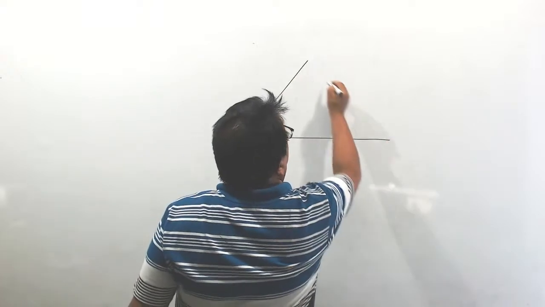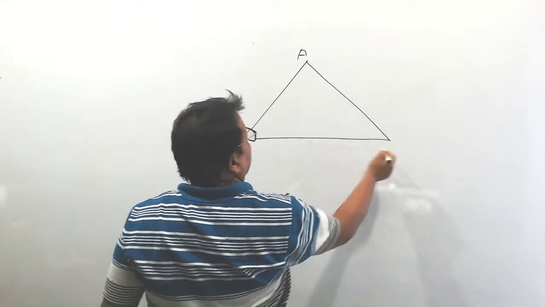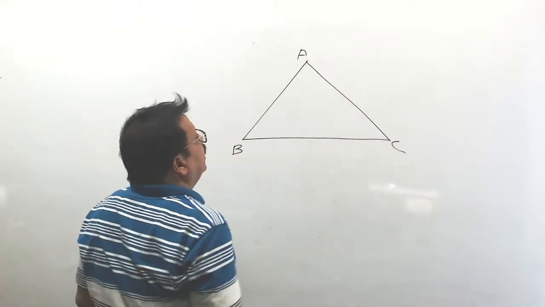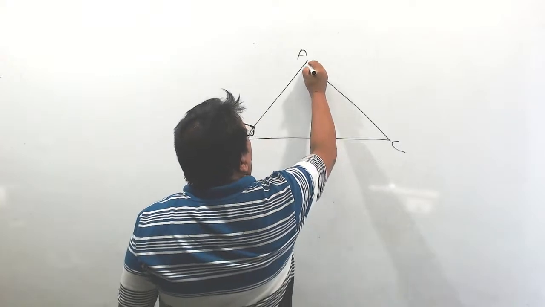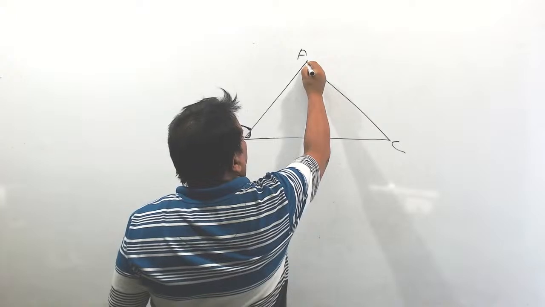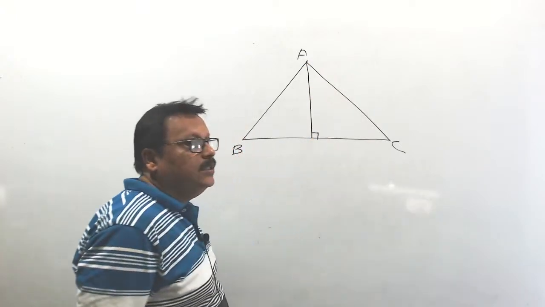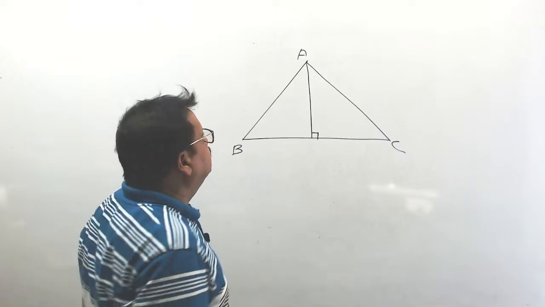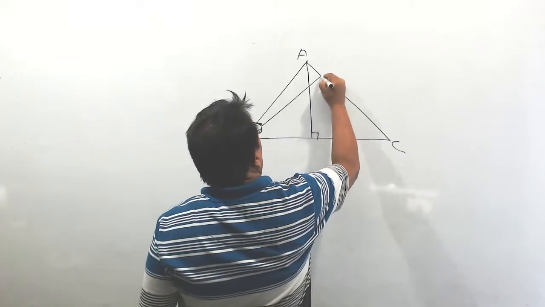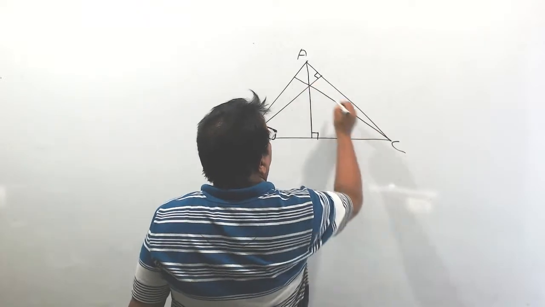This is the triangle. Any triangle ABC. Okay. Altitudes means from the opposite vertex you will draw a perpendicular to the opposite side. Okay. This also perpendicular. This also perpendicular.